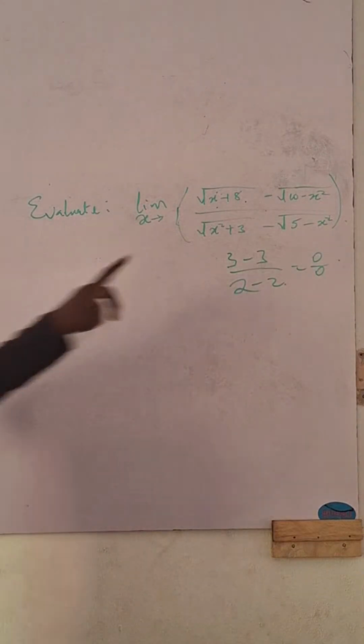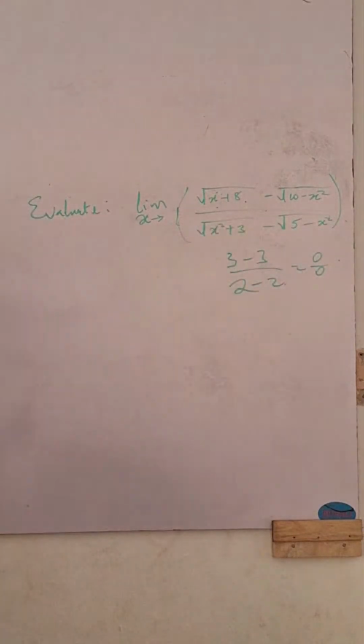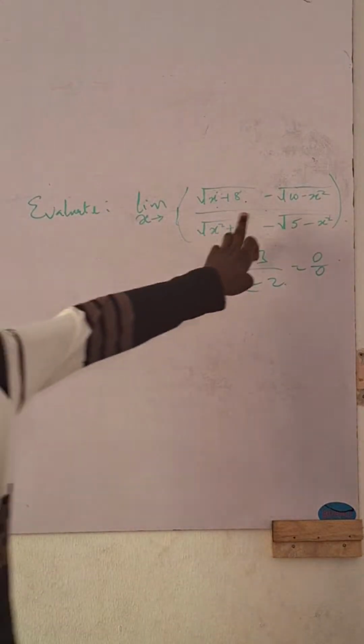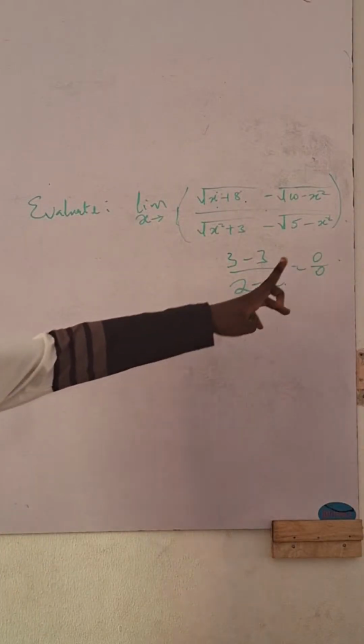Then square the denominator. When we square the denominator, what do we have? We have x squared plus 3 minus 5, minus or plus? The minus will affect it now.